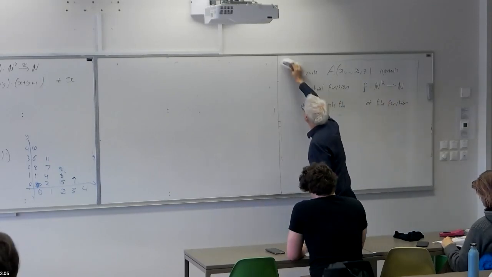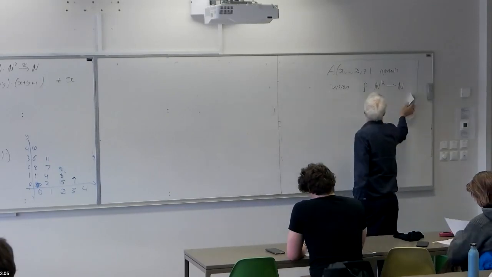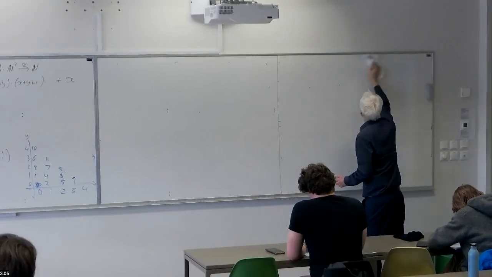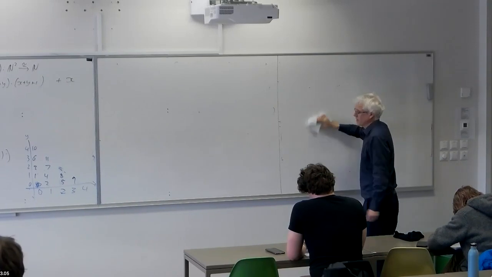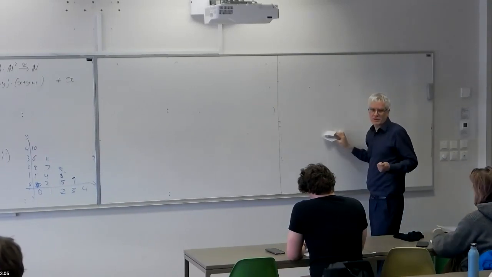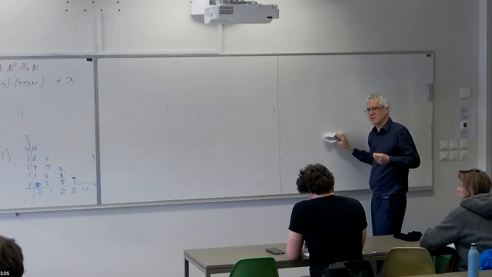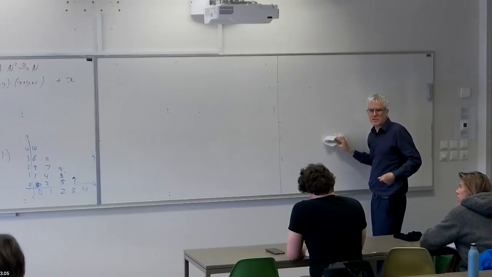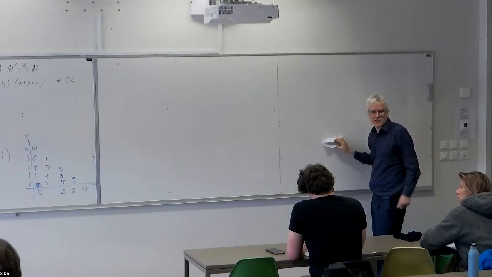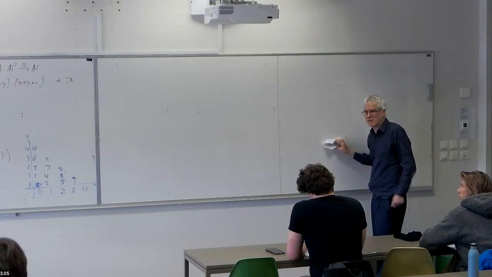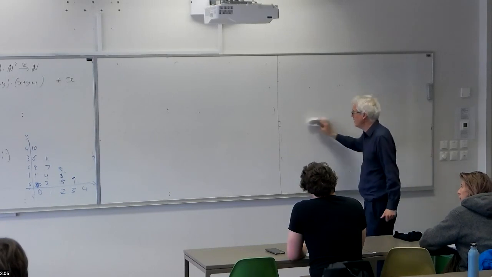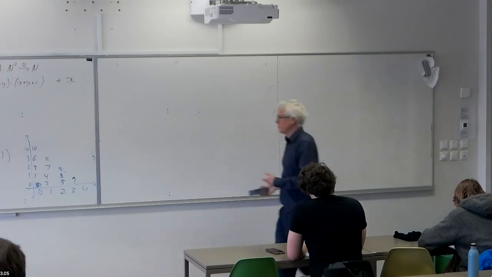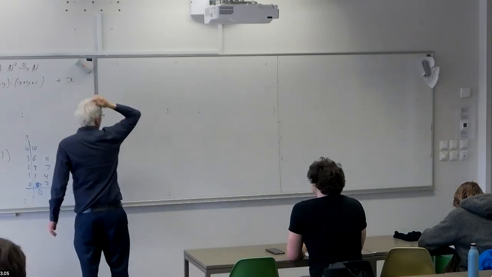You might use a natural number to represent a sequence where the first number in the sequence is the power of 2 that appears in the prime factorization, and the next number is the power of 3 that appears in the prime factorization, and the third number is the power of 5 that appears in the prime factorization. You have to actually slightly adjust that to make it encode finite sequences.